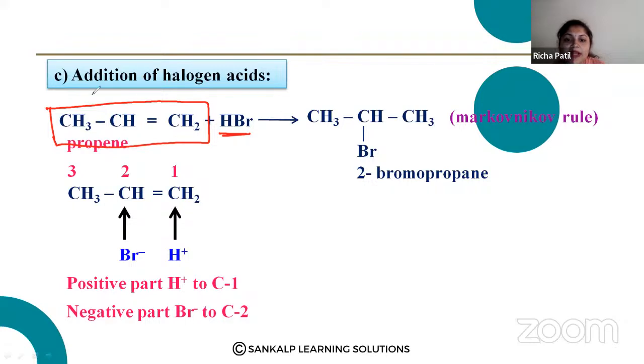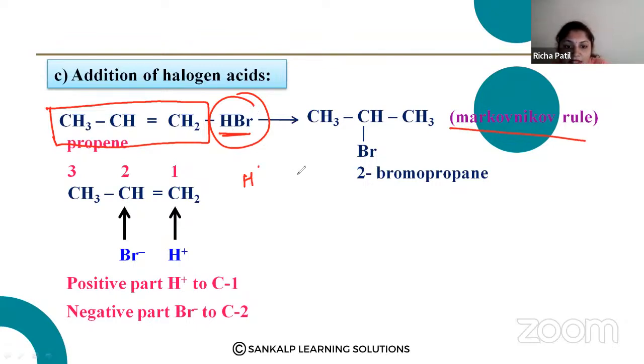Now, whenever there is an unsymmetrical alkene, for addition of hydrogen halide, how will you decide? It is decided on the basis of Markovnikov's rule. Now, what is Markovnikov's rule? Whenever you have an unsymmetrical alkene, the addition of this halogen acid takes place in such a way that the negative part is added to the carbon having the lesser number of hydrogen atoms.